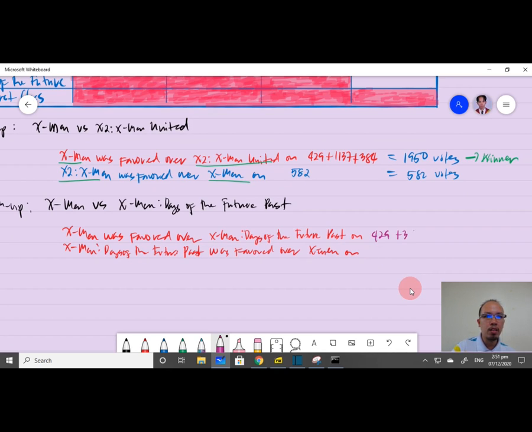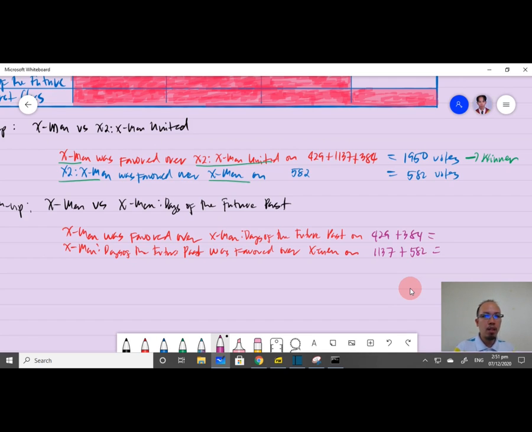429 plus 384, and the remaining is 1137 plus 582.